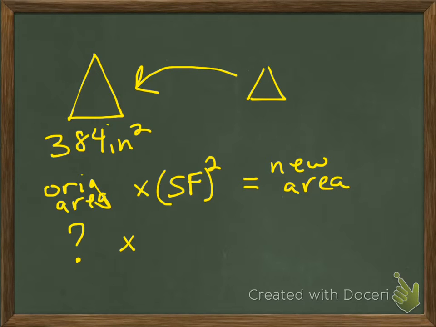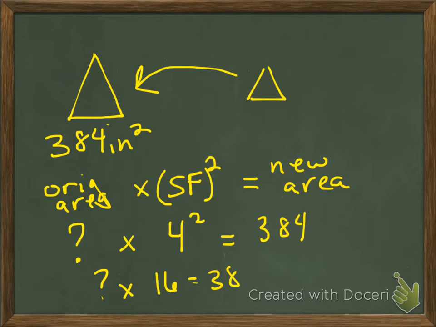They said that the scale factor was 4, so 4 squared equals 384. Right? So we know that something times 16 equals 384. So in order to figure that out, if something multiplied by 16 gives you 384, you divide 384 by 16 and you end up getting 24, and it's inches squared.